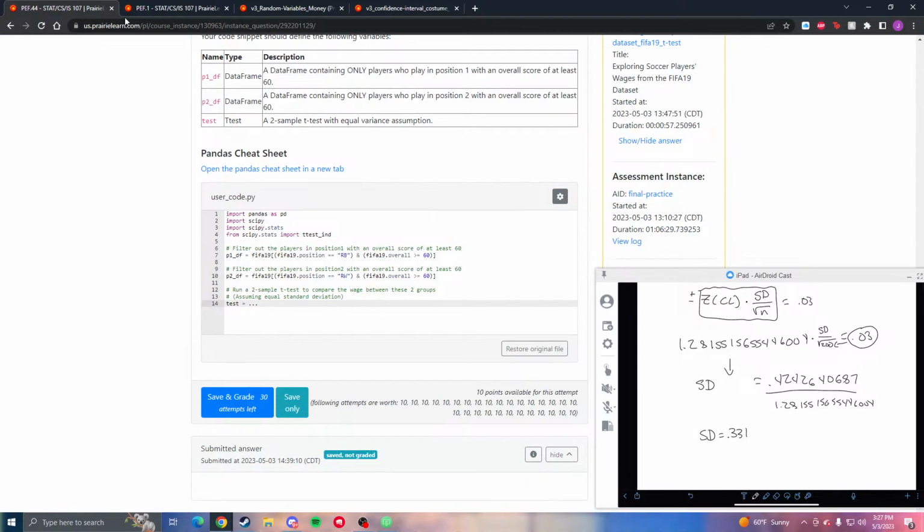Then we have to run a 2-sample t-test comparing the wages between those two groups, using ttest_ind.